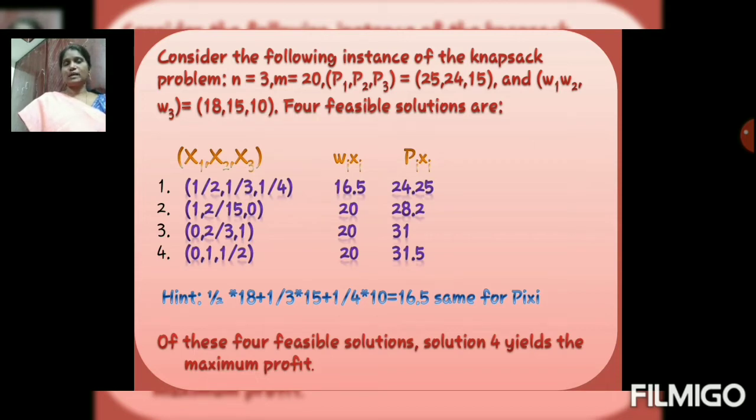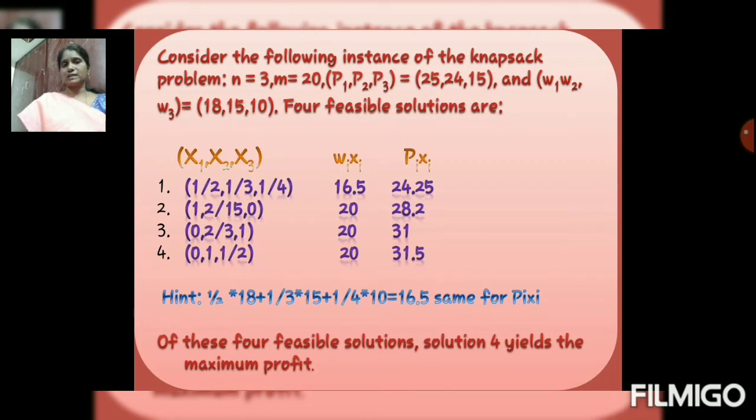I think you understood all the important things in the problem given: M is the capacity, N is the number of items, P is the profit, W is the weight. For this problem we can give 4 feasible solutions.